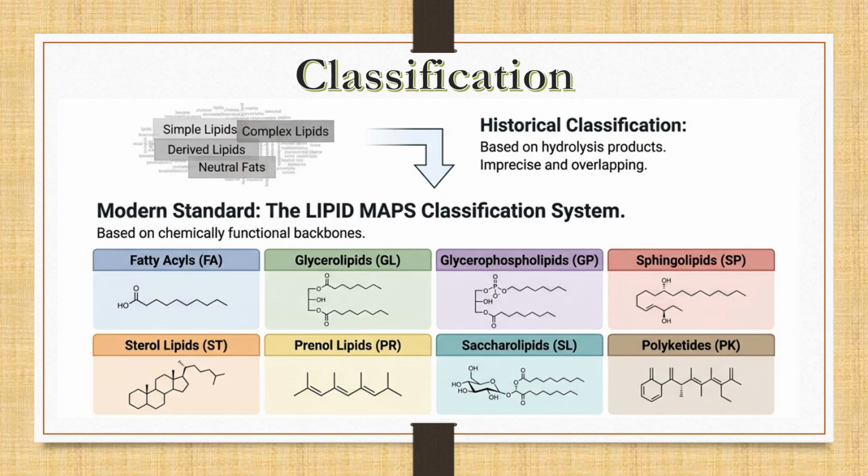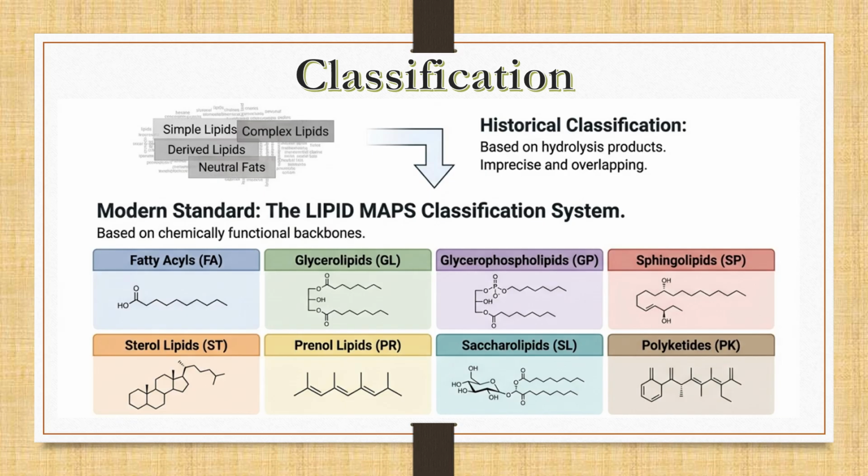Complex or compound lipids contain additional functional groups, such as phosphates or carbohydrate moieties. Examples include phospholipids, glycolipids, and lipoproteins. These lipids are essential for membrane structure, lipid transport, and cell recognition.